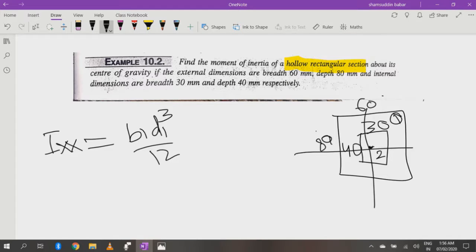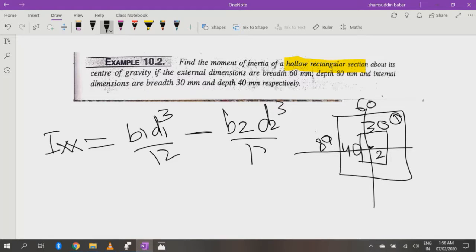The minus sign shows that our section is hollow, meaning the section we are going to subtract will be cutting the first section. So for the second section it will be b2 d2 cube upon 12, and we can find it out.